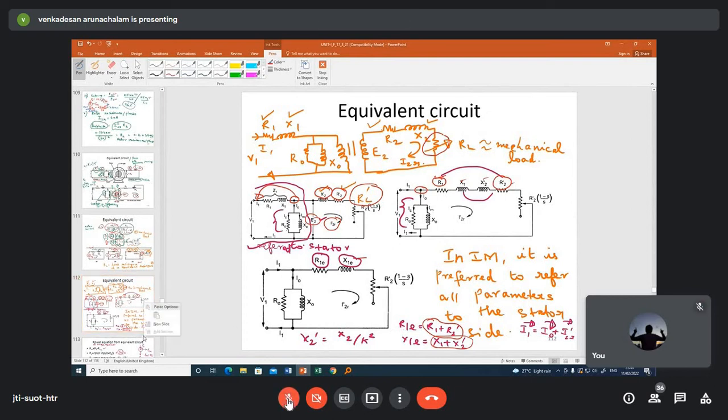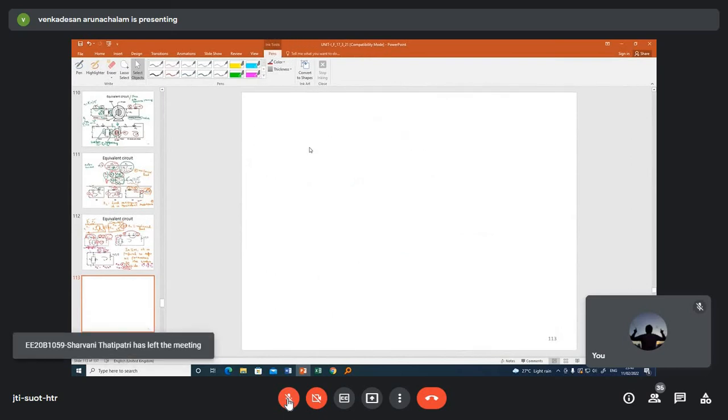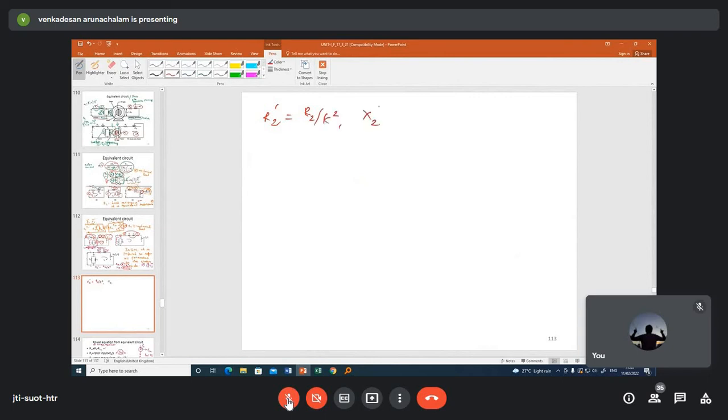If you want, you can write like this. R2 dash is nothing but R2 by K square. X2 dash is nothing but X2 by K square.